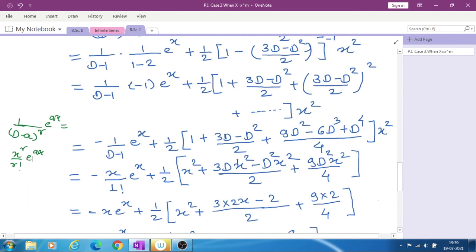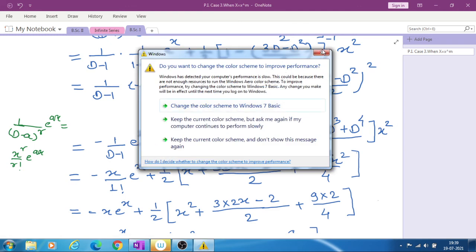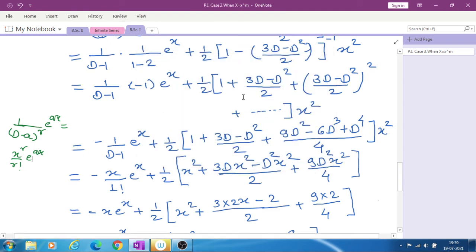Now next, if there are square and cube, then first calculate those values. So this is 1 plus 3d minus d square upon 2 plus the square of this bracket. So (a minus b) squared: 3d squared is 9d square, minus 2 into 3d into d square.